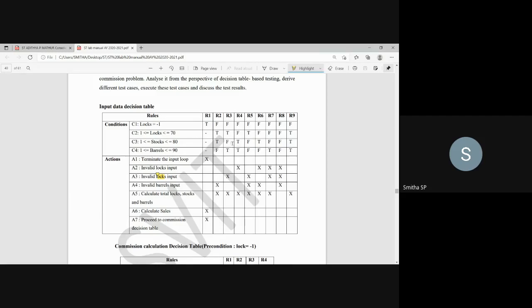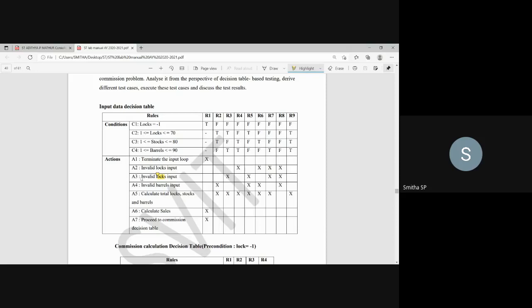For that, what should be the action? You need to update the total logs and total barrels values, but total stocks is invalid here, so you have to display that invalid input message.